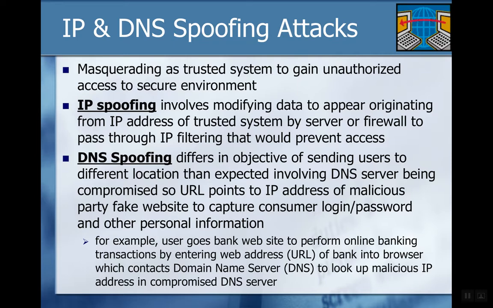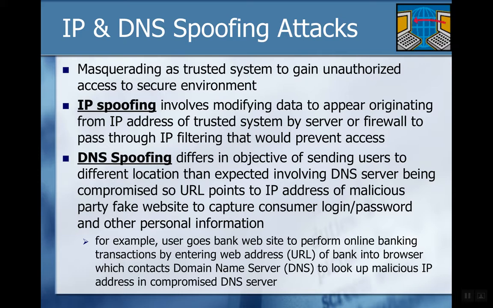Spoofing addresses: when we talk about spoofing, we talk about pretending that a system is a trusted system, pretending to be something. IP spoofing means modifying the data so that the packet appears to be sent from an originating address, even though ordinarily it would be blocked by a firewall to prevent access.